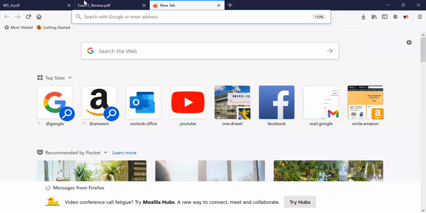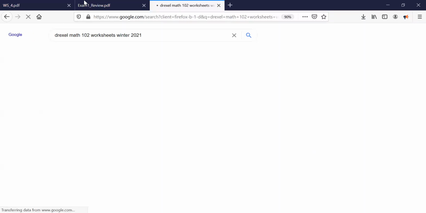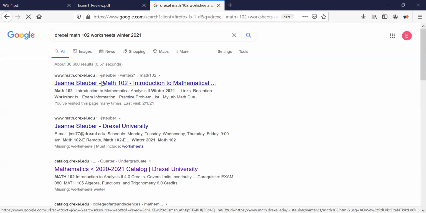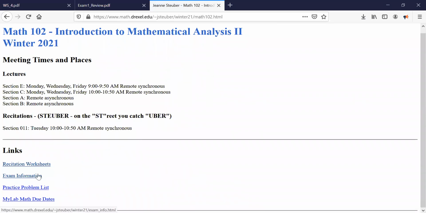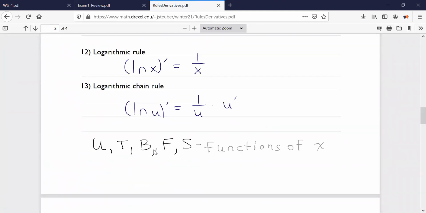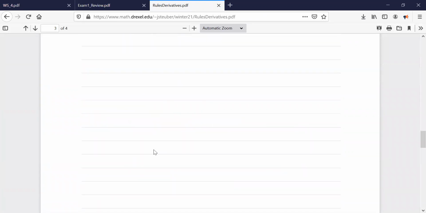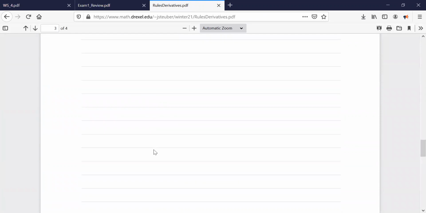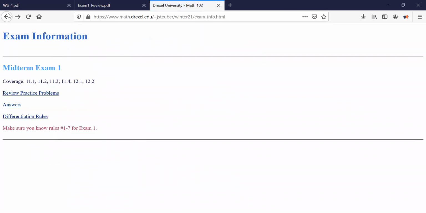So oops. So I guess this will. I suppose you do have to know the derivative log because it is on the review sheet that Jean posted on the website.